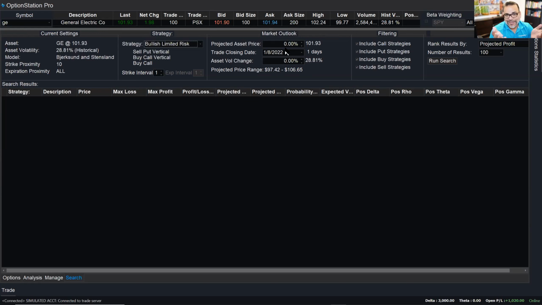And we think it's going to go up because we already said that our strategy is bullish. It makes no sense to pick a bullish limited risk if we think that the price of General Electric is going down. So how much do we think the price is going to go up or down? Let's put here the projected asset price. We're going to say that it's going to go up by 20%.